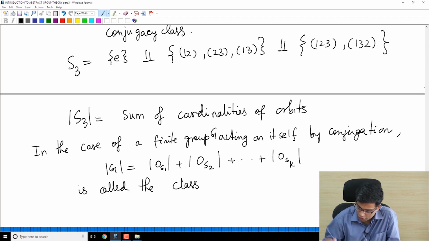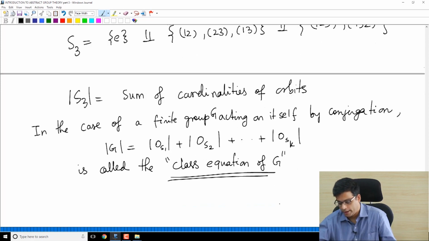So of a finite group G acting on itself by conjugation, it's called the class equation of G. This is a very, very important piece of data attached to a group.